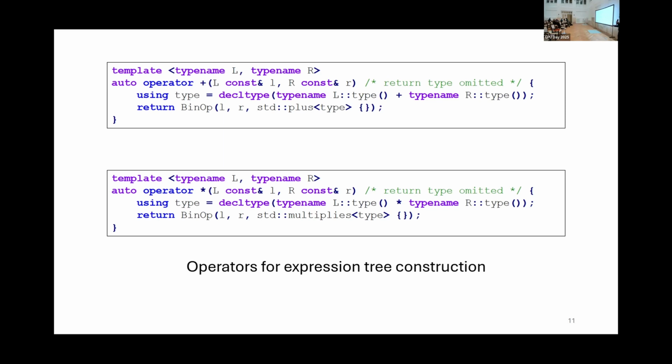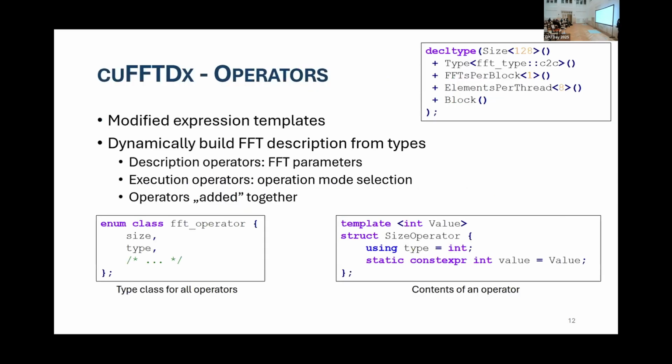Now, why did I bother telling you all of this? Basically, cuFFTDx uses operators, and as can be seen, this kind of configuration language looks really similar to the one I introduced previously. We have a bunch of plus operators that basically assemble into something.